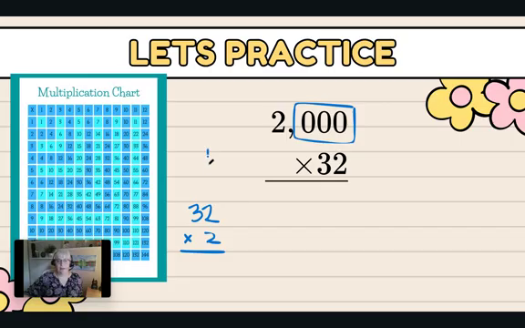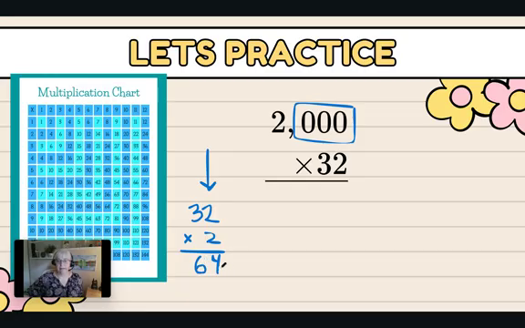I always start multiplying on that right-hand side. Always, always, always. And adding and subtracting too. We always start with the ones column, the first column on the right. So I multiply 2 times 2 is 4. 2 times 3, which is actually 2 times 30 because the 3 is in the tens place, is 6 or 60.